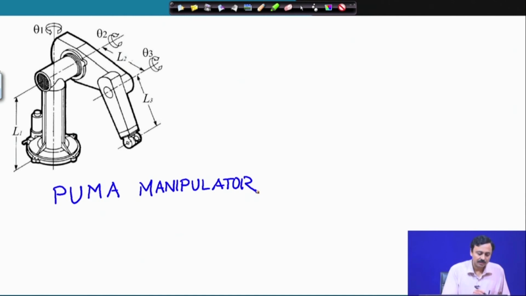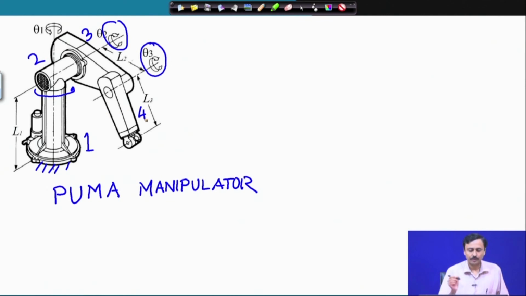This is also a spatial mechanism. This is grounded, ground is 1. Here there is a revolute pair. So, this is another link 2 which can rotate with respect to 1. There is another revolute pair here as indicated. So, this is 3, another revolute pair here. So, this link is 4.